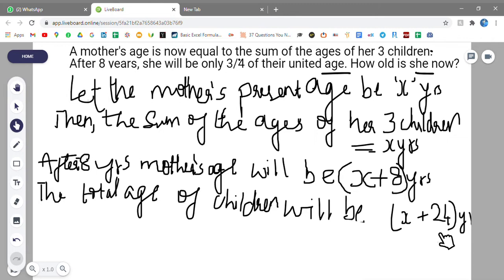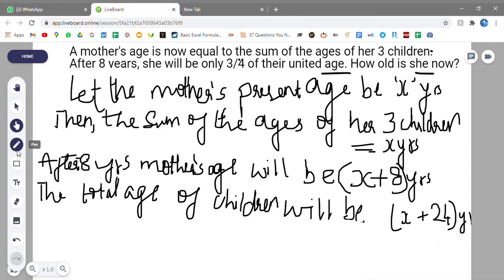So there are 3 children, so 8 into 3, 8 threes are 24. So x plus 24 years. So this is what is given to us. Now let us equate these two, x plus 8 and x plus 24, so that we will get an equation to solve what is the present age.